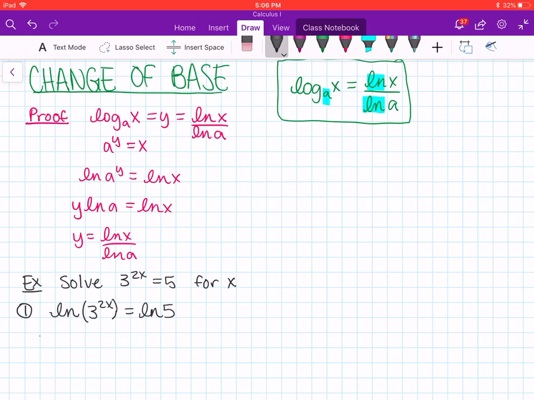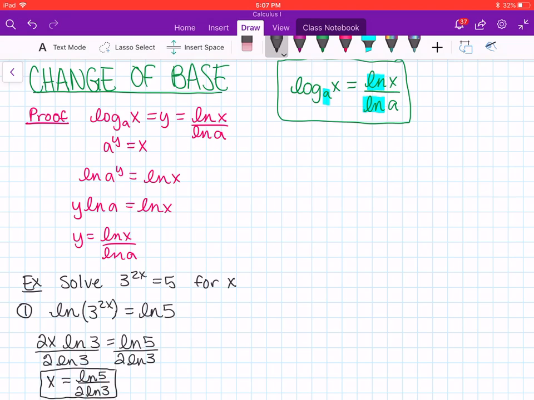We can bring the exponent down. And then we want to solve for x, so we're going to divide both sides by 2 natural log 3, and we get x equals natural log 5 over 2 natural log 3.